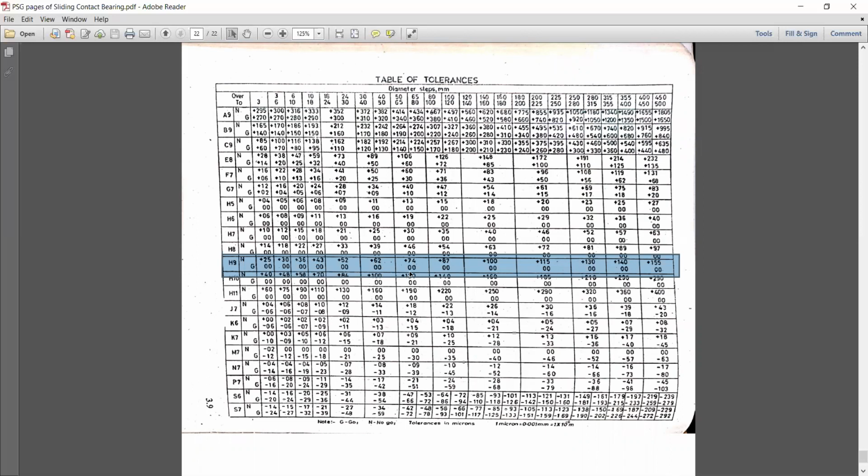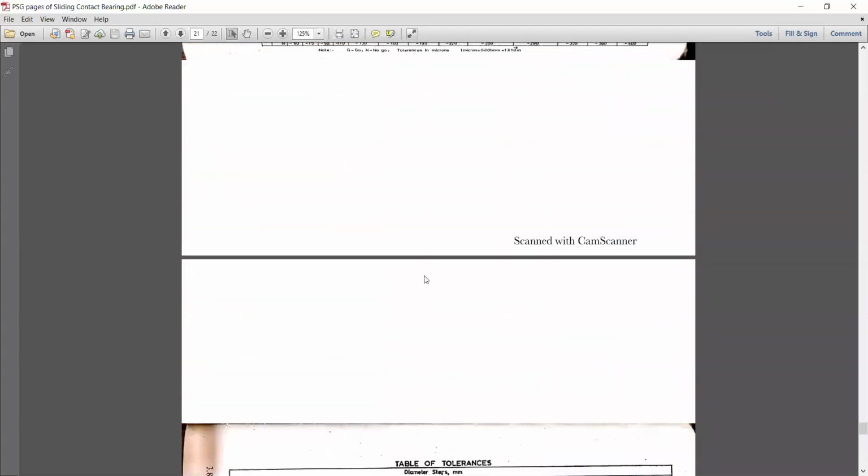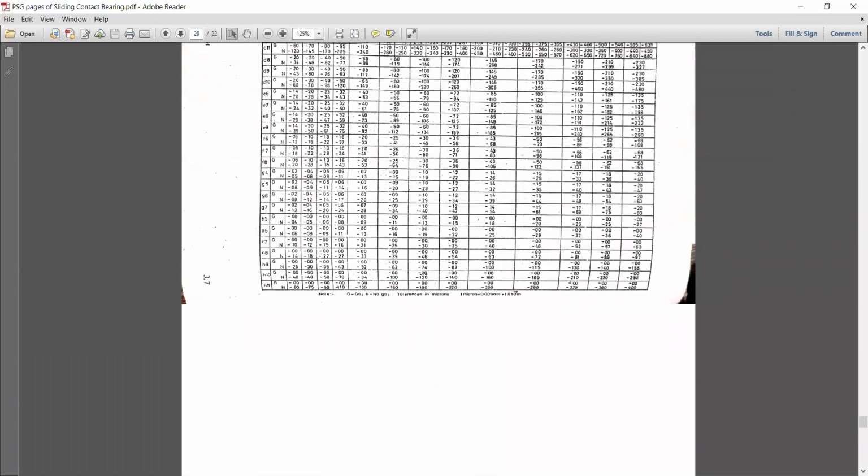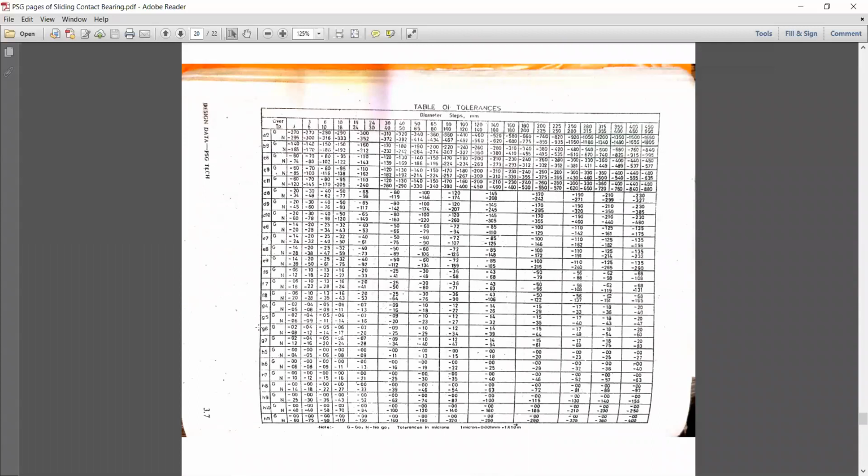So the minimum tolerance we can use is 0, and the maximum tolerance we can add is 74. And similarly for e9, referring to PSG page number 3.7, here also they have provided the values.